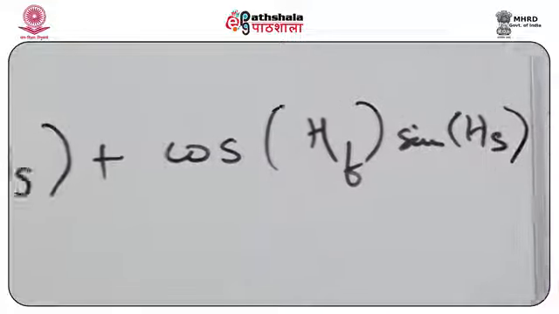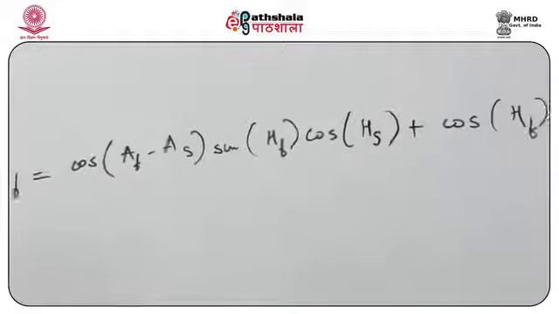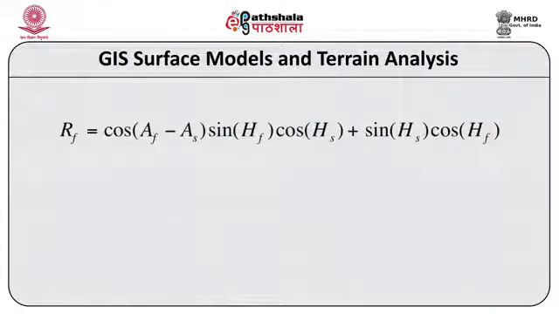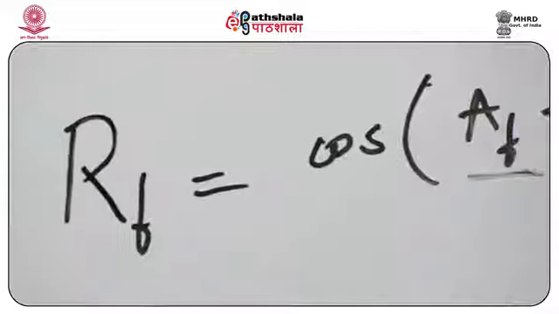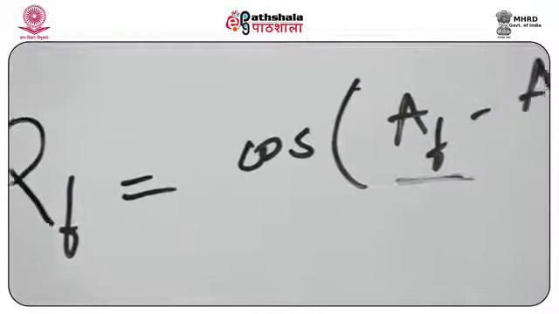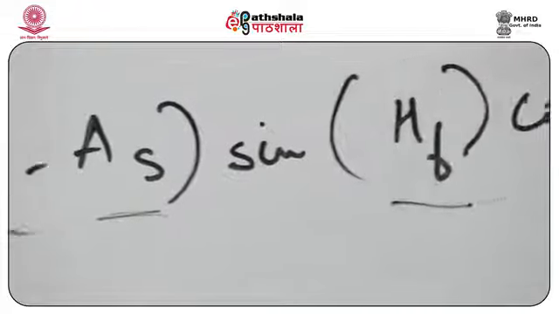So this is the equation which is utilized for mapping the radiance of the hill aspect. Here, AF is the aspect of the map, AS is the sun azimuth, HF is your slope and HS is your sun altitude. So in this hill shade mapping you get the slope, aspect, sun azimuth and your sun illumination angle.